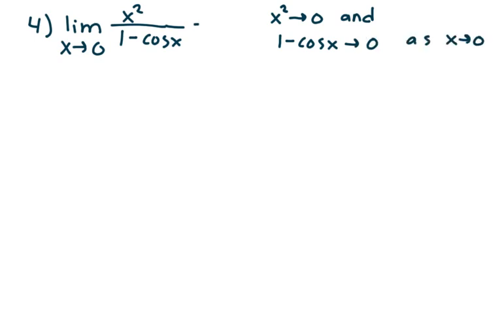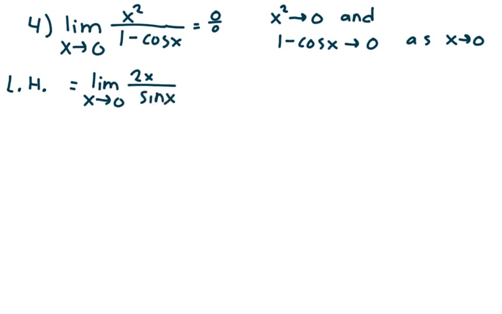And so this is of the form 0 over 0. And so we're going to apply L'Hopital's rule on the next line. So this is equal to the limit as x goes to 0 of, when I differentiate the numerator, I get 2x. When I differentiate the denominator, I get sine x.